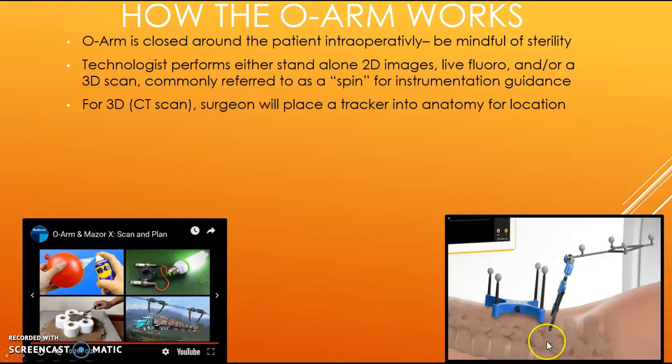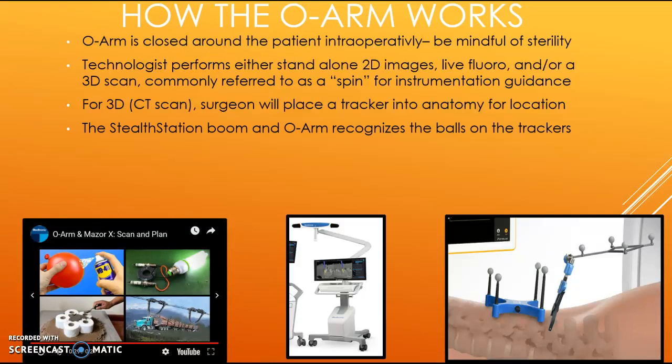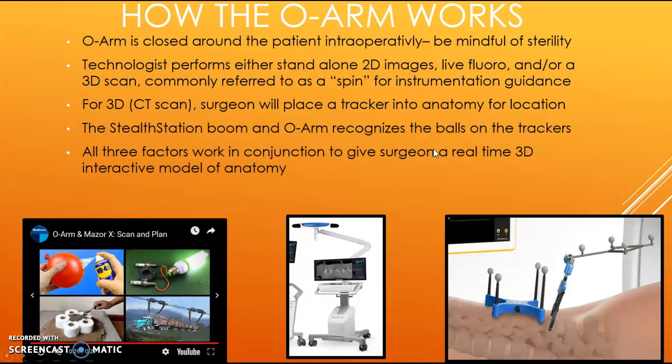We'll need to put it onto the anatomy of the patient so that the O-arm and the Stealth system can recognize the patient's anatomy. So this is what the Stealth system looks like, and this is the boom. In conjunction with the O-arm, the boom, and the trackers, it gives the doctor a real-time 3D scan of the patient.